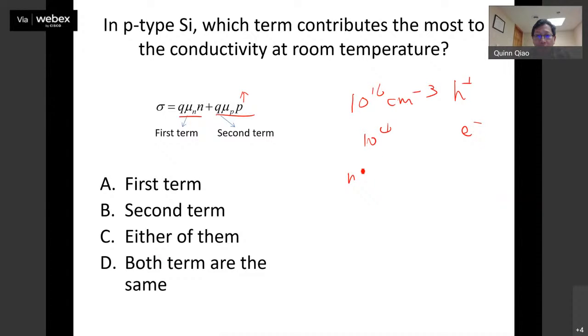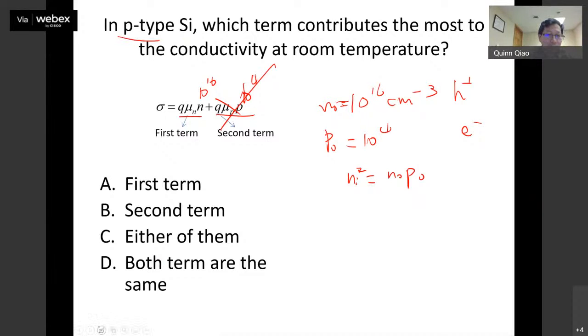Because n_i squared equals n0 p0, right? If p0 is 10 to the power 16, n0 will be equal to 10 to the power 4, okay? Now, with one at 10 to the power 4 and the other 10 to the power 16, you can cancel the small term easily, right? And then only the first term or the second term stays.